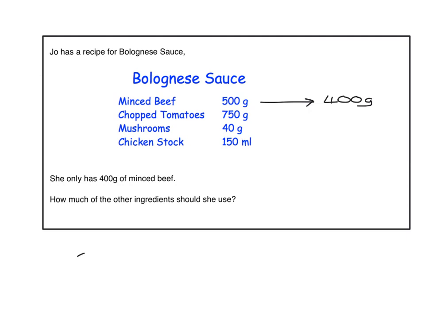So with a calculator, you'd simply go, right, I need to go from 500 to 400. So 500 times what is 400? Do it backwards. 400 divided by 500, that will end up with 0.8 or 4/5. So you need to times everything by 0.8, and you would just do that on your calculator.